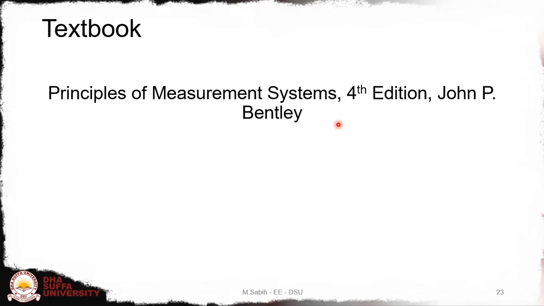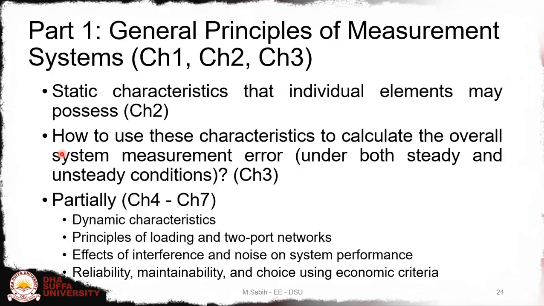By using this book, we will be able to understand the basic principles and utilize them in a new situation. We will learn some design principles, and after that you will be able to select the right tools, instruments, and sensors, and you can design the whole measurement system. You can investigate the whole measurement system. So this book is a really good one, and inshallah we will enjoy reading through it.